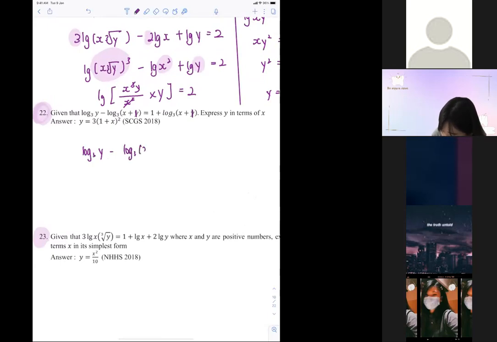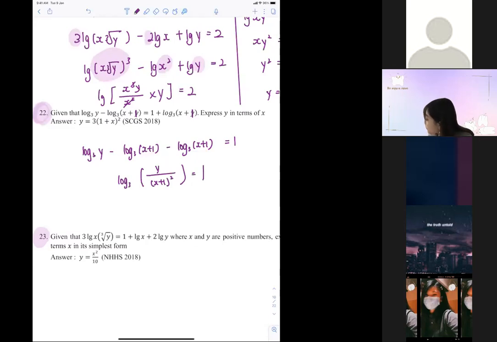Log 3 of x plus 1. Then you will have y over x plus 1 over x plus 1, so it's x plus 1 squared. Then you can solve.